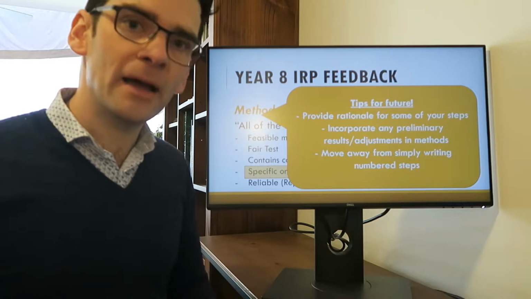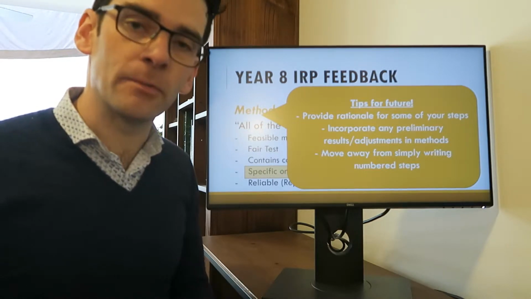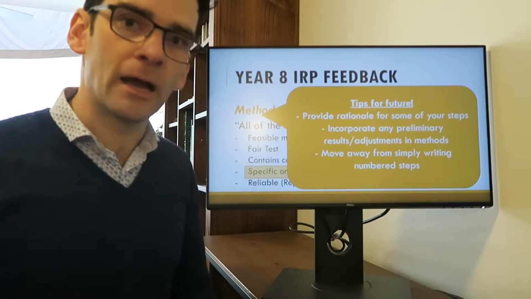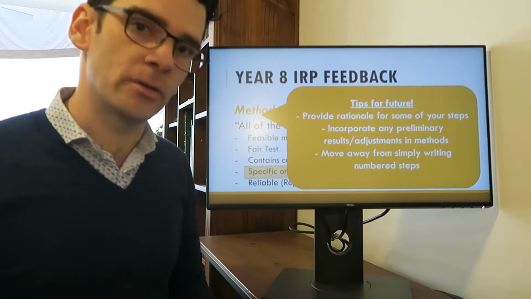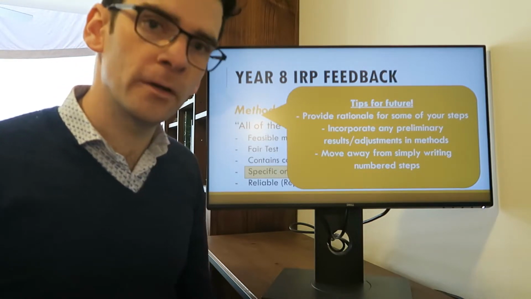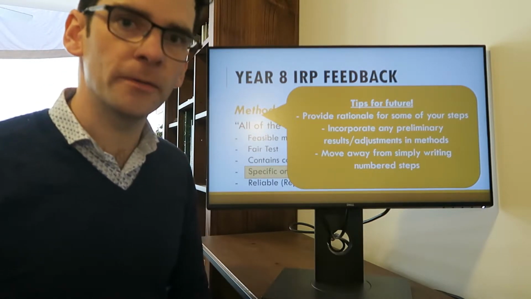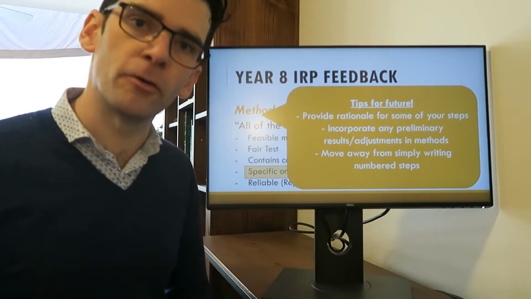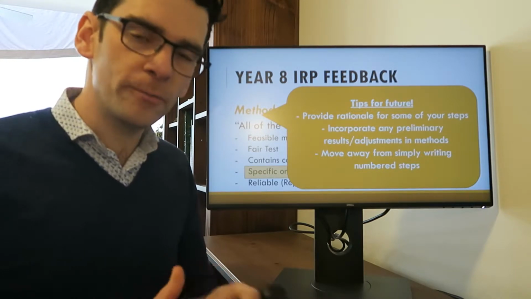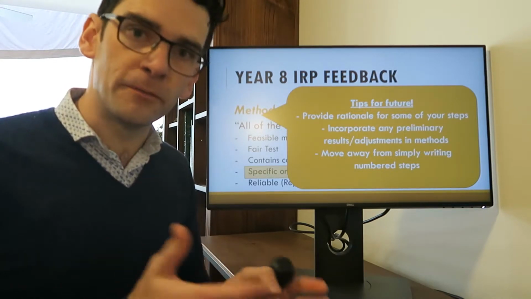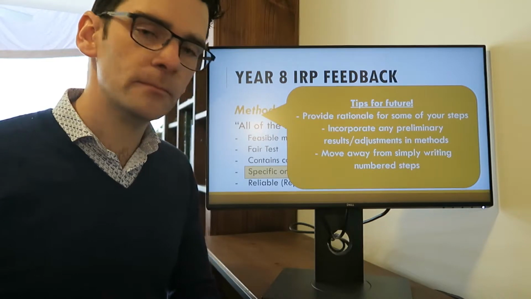That is, talk in your methods about how you undertook a preliminary experiment to increase the accuracy or the precision of your methods, and then moving forward you follow these steps because of that preliminary experiment. So don't talk about improvements in your discussion. Improvements in terms of what you did before your final experiment should be mentioned here in the methods.